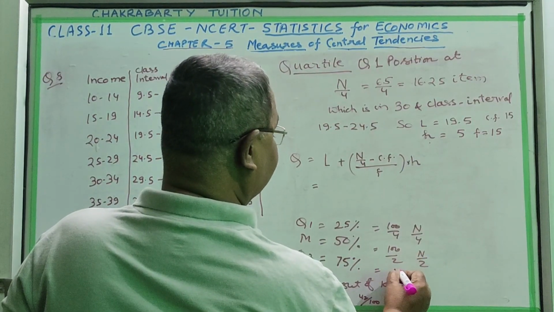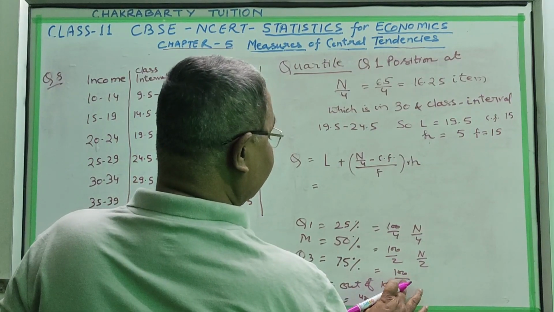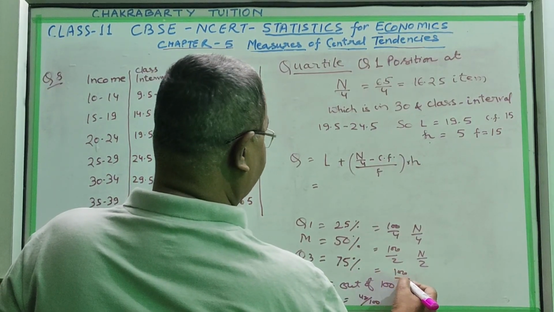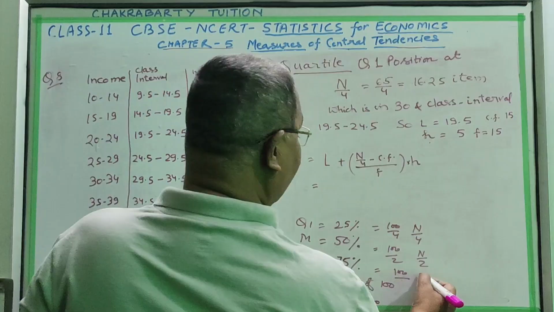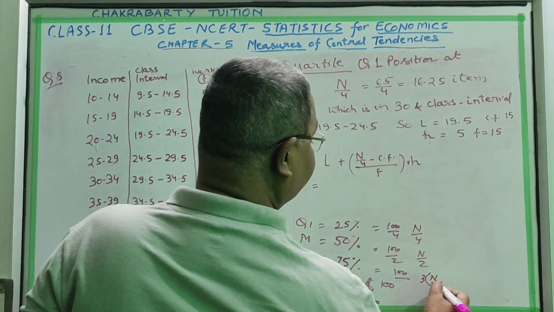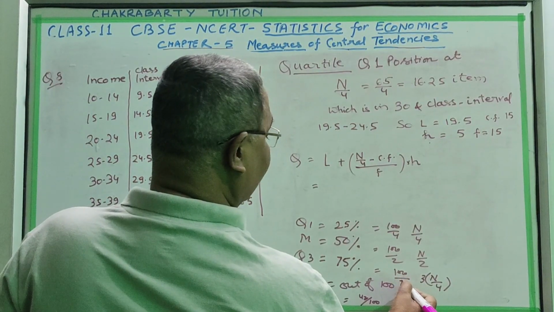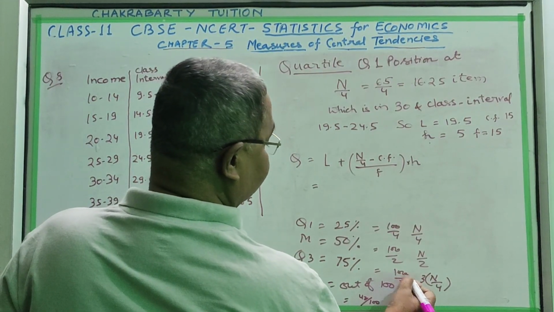And for 75, which is 100 by 3 of the way, what do we do? We do 3 multiplied by n upon 4. Because if you divide it by 4 for 75, it will not come.